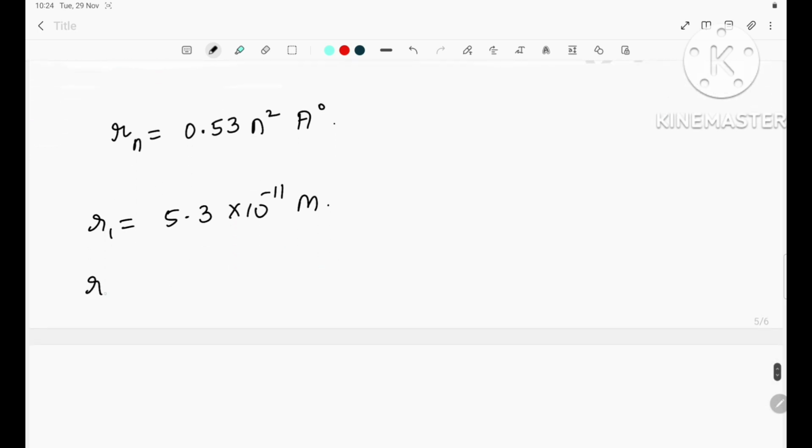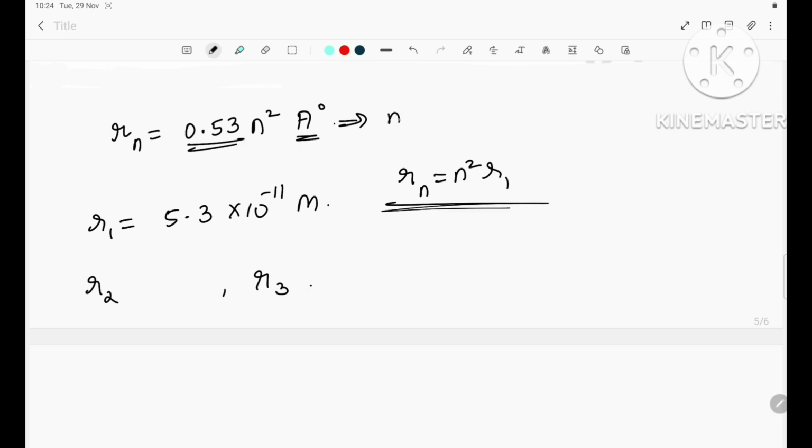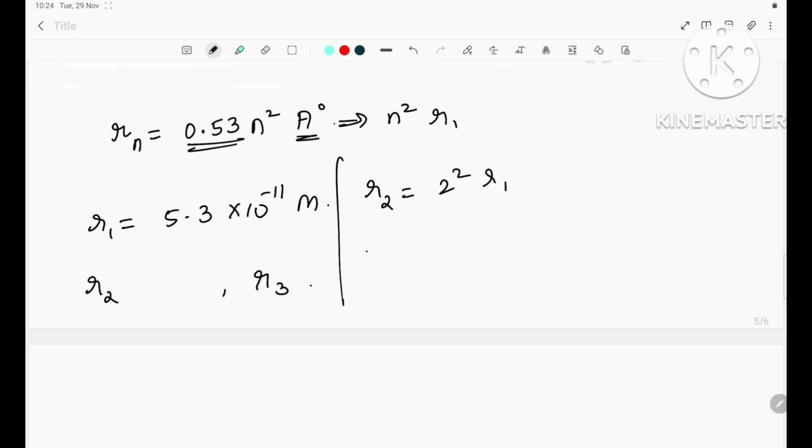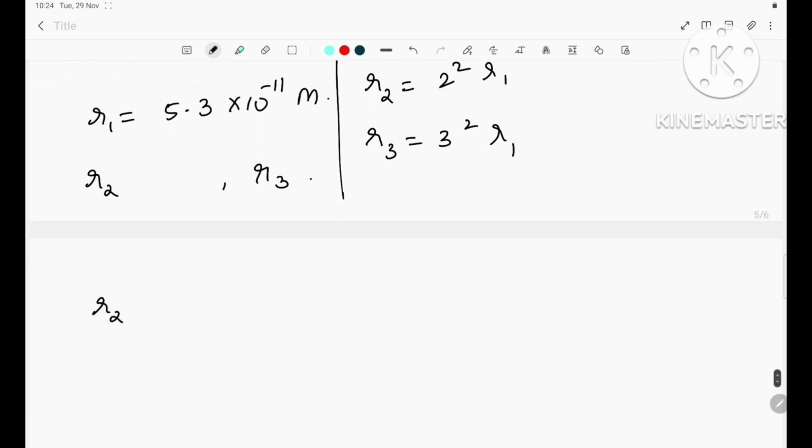Now they are asking us to calculate R2 and R3, right? So Rn is equal to n square times R1. 0.53 angstrom is nothing but R1, right? So R2 is equal to 2 square times R1 and R3 is equal to 3 square times R1. That's all. You just have to substitute and calculate.